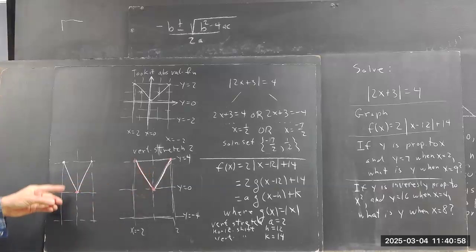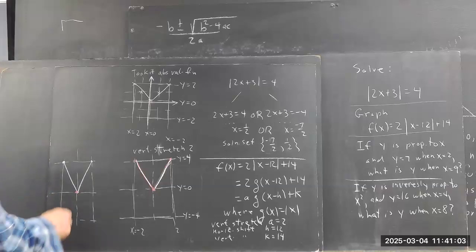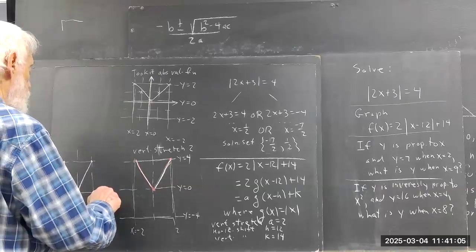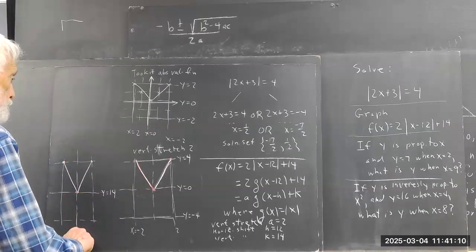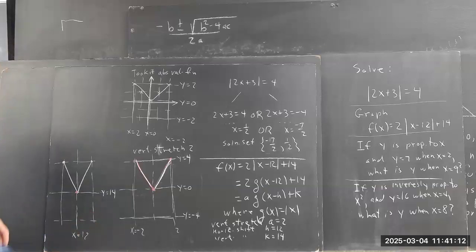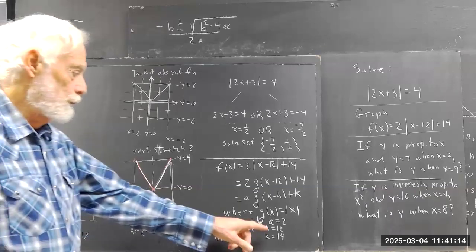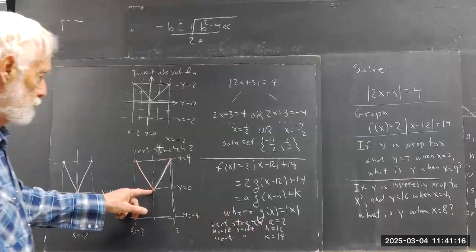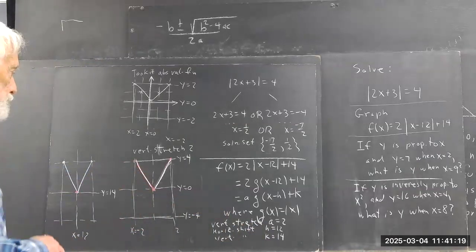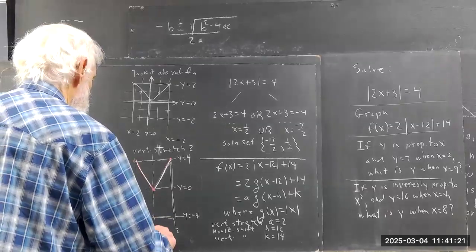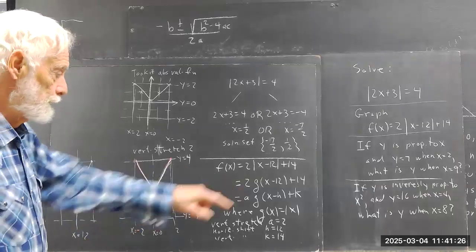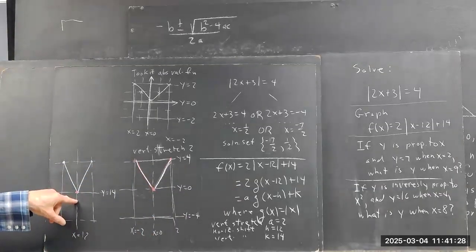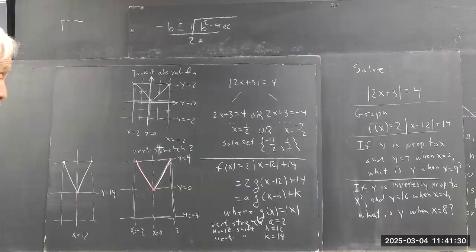Here it is again, exactly the same, vertically stretched by a factor of 2. But now this point is y equals 14, and this point is y equals 12, x equals 12. Because you've horizontally shifted 12 units, the vertex will move from x equals 0, 12 units. 0, 12 units gets you at 12. So the vertex goes at x equals 12.